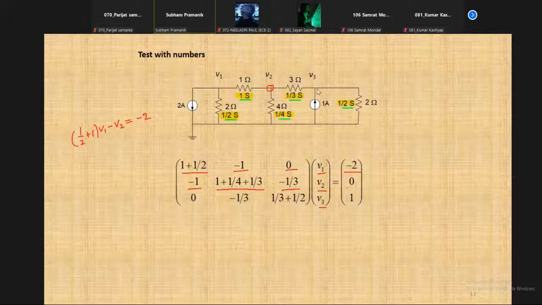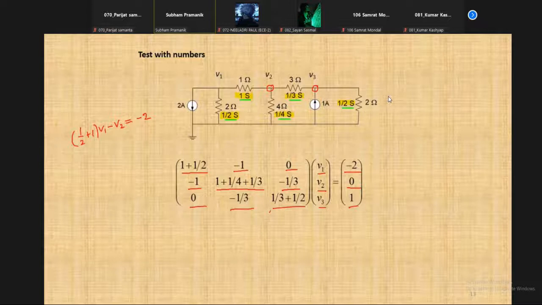For node 3, 1/3 plus half multiplied with V3, then 1/3 multiplied by V2 with a negative sign, and node 1 is not connected here, so 0. Here 1 ampere current is entering, plus. I hope there should not be any problem regarding this.